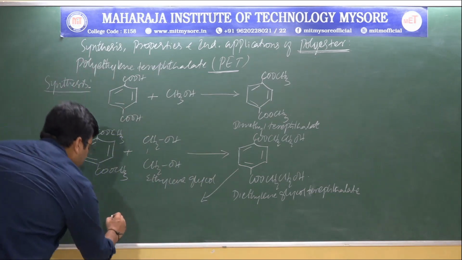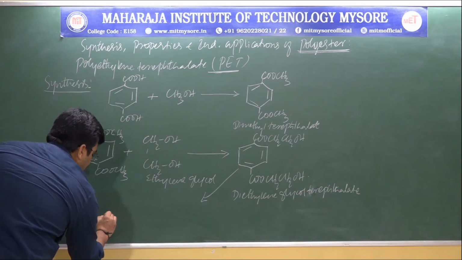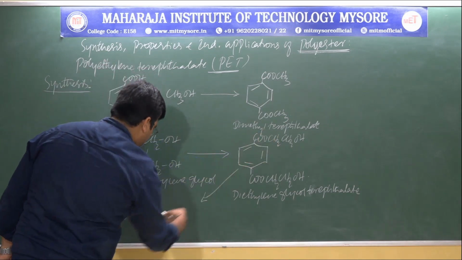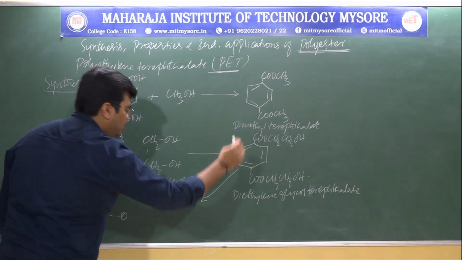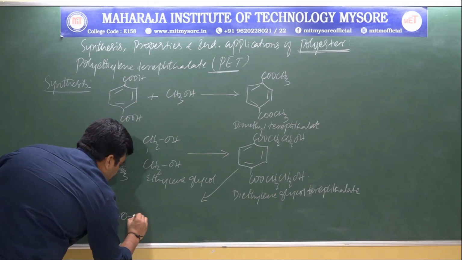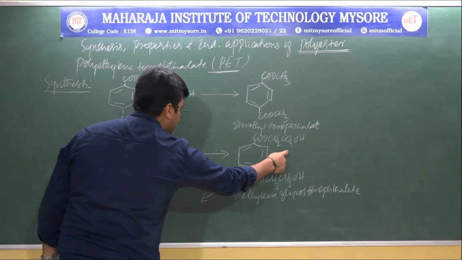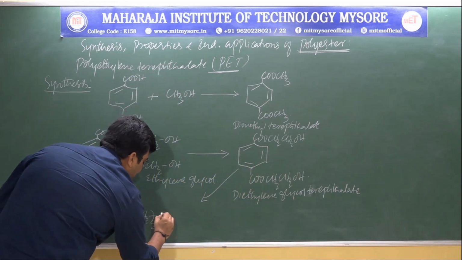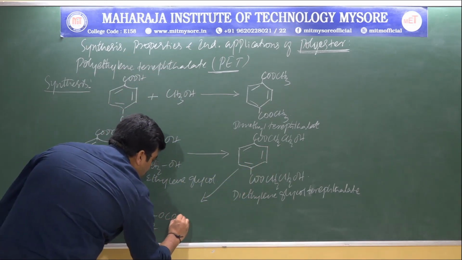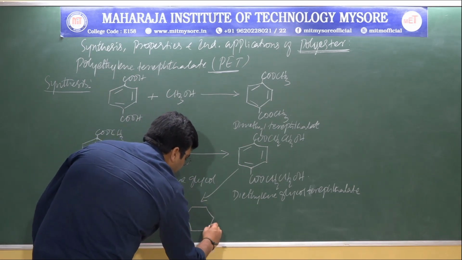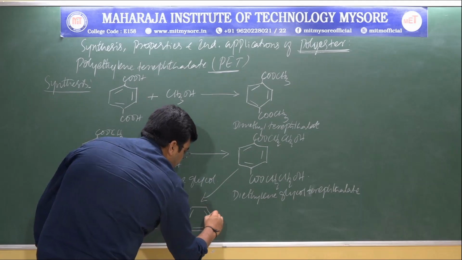structure can be written like this: O, right? We are starting from that, so H will go there, and then CH2 two times, here CH2 two times, and then OCO, and then we are getting this benzene ring, right?